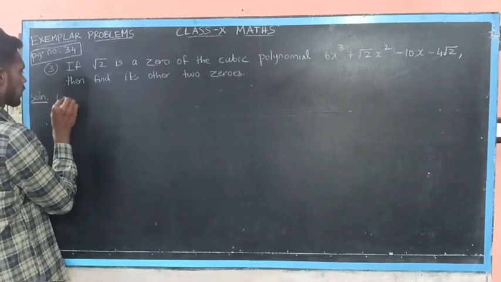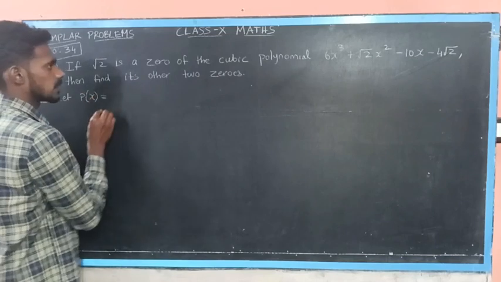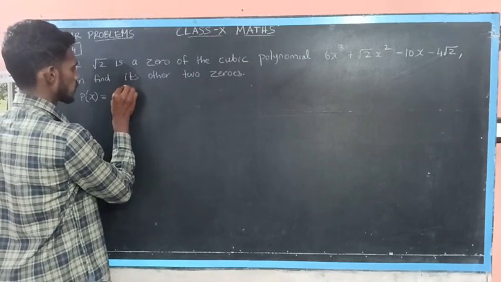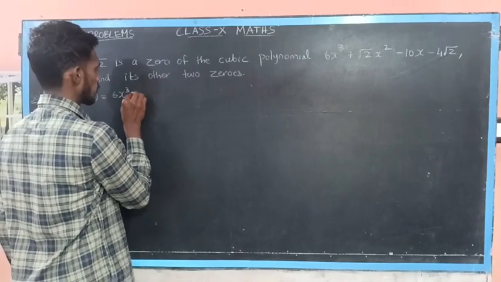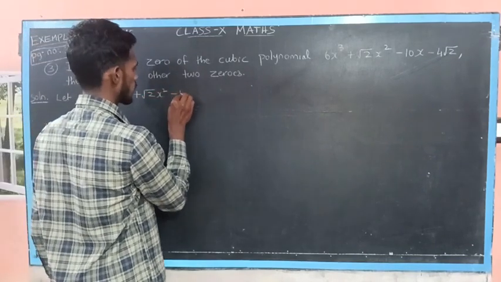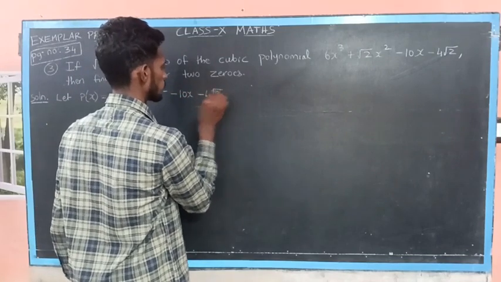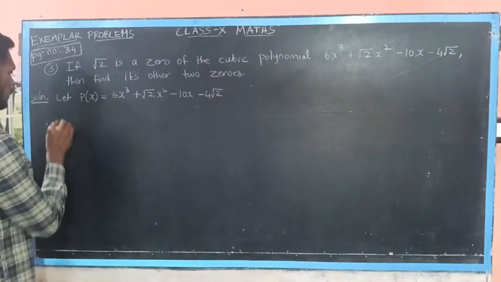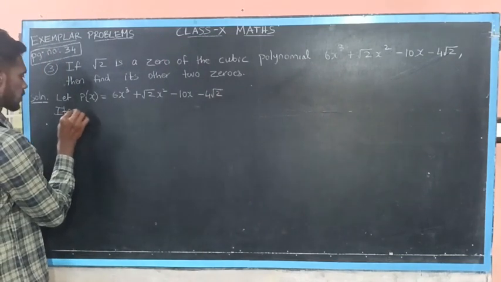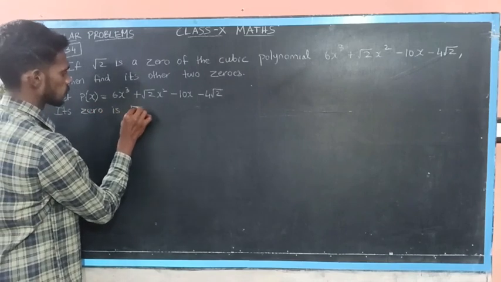First, let's name the given polynomial p of x. So p of x is equal to 6x cube plus root 2x square minus 10x minus 4 root 2. Then its zero is root 2.